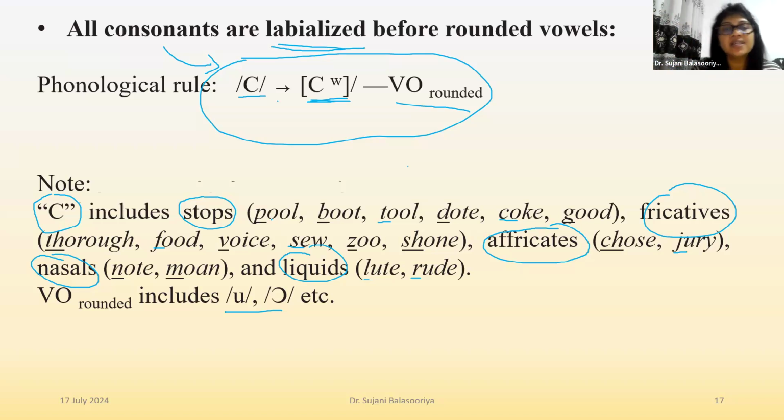In all these examples, the relevant consonant is pronounced with rounded lips. So they are labialized, right? So this is one phonological process, and that phonological process is represented in this phonological rule like this.